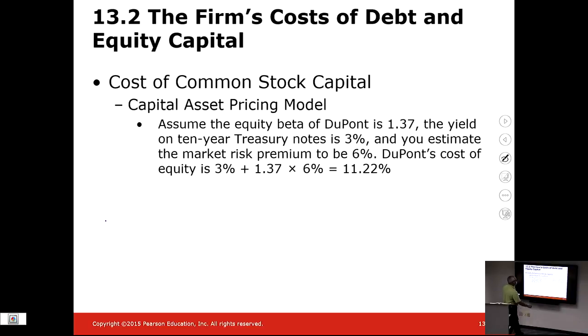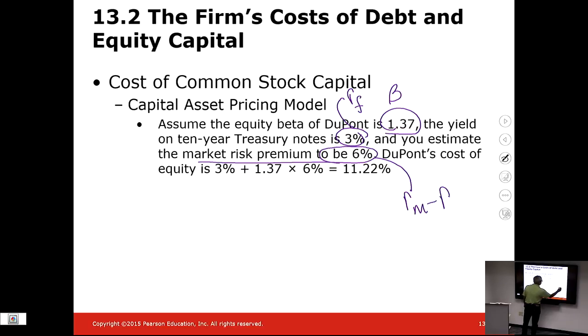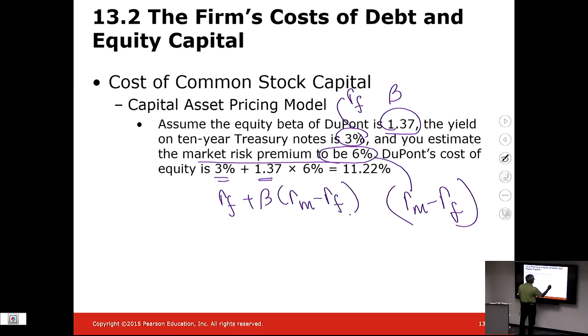So here is an example. If beta is 1.37, the yield on a treasury note is 3%, so that's my risk-free rate. And the market risk premium is 6%. Market risk premium means it is the difference between the market return and the risk-free rate. So then it is 3% plus 1.37, the beta, so this is RF plus beta times RM minus RF.